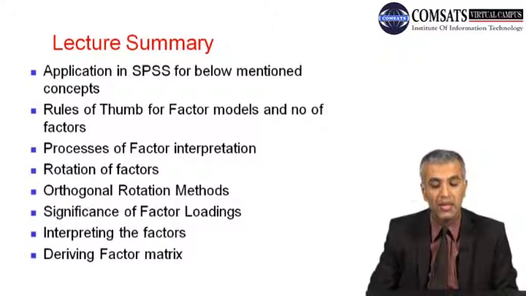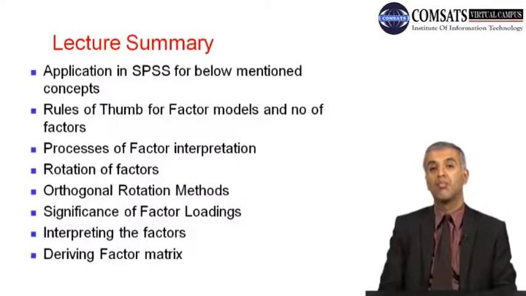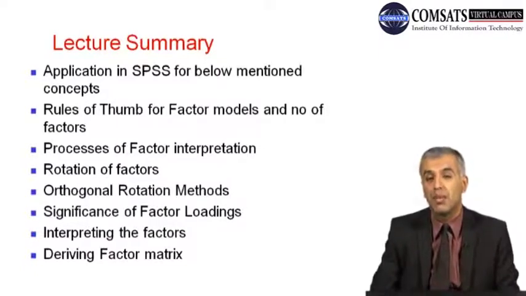And based on that, we had a brief discussion on how to interpret the rotation of factors and how to choose the various options available under the rotation of factors, like Varimax, Equimax, and Quartimax.